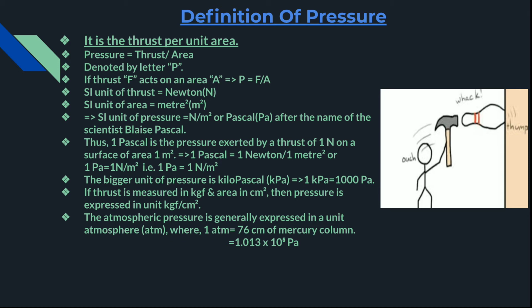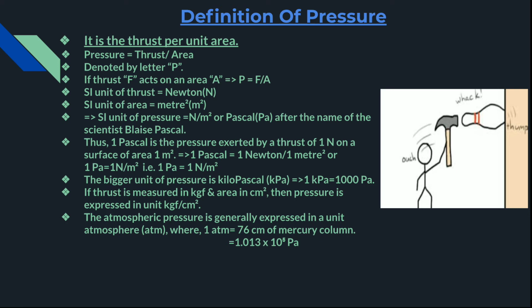Pressure is therefore thrust by area. It's denoted by capital P. If thrust is F, which acts on the area A, then P is expressed as P is equal to F by A.